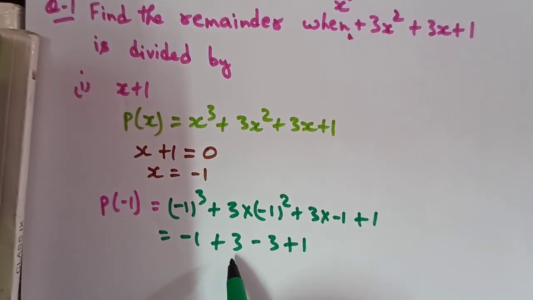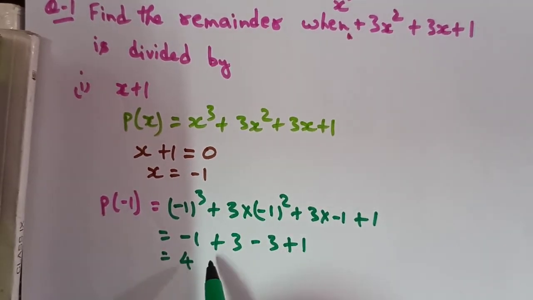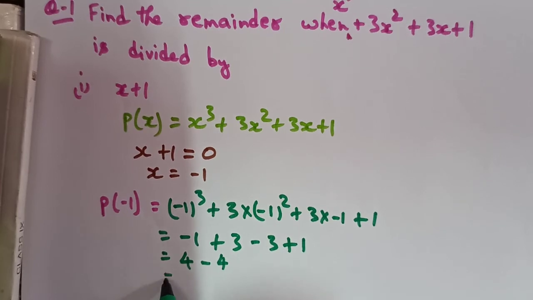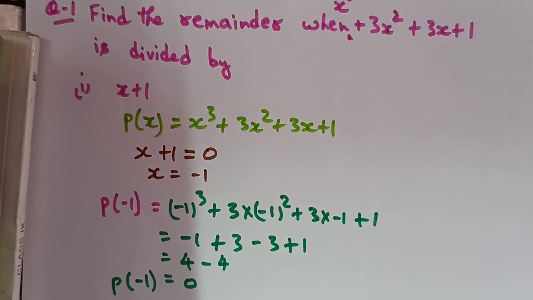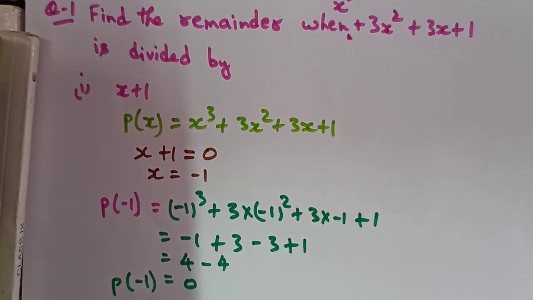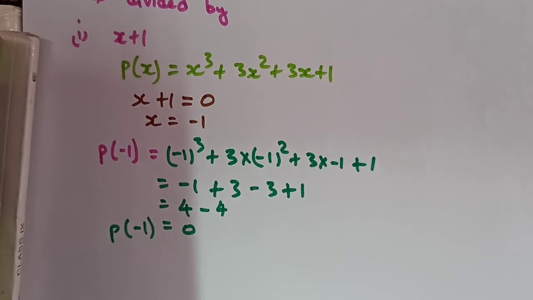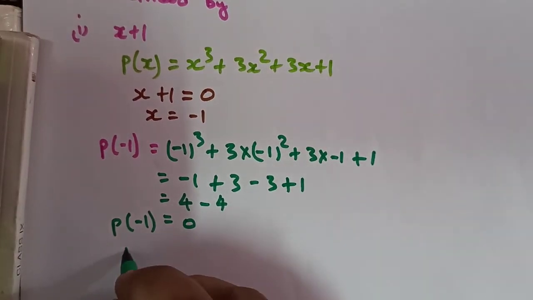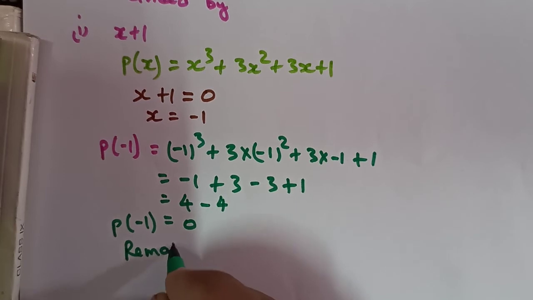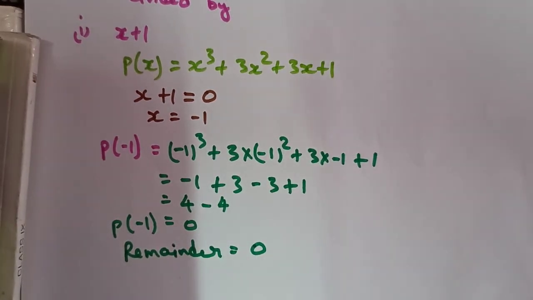So we get plus 3 plus 1, that is plus 4, and minus 3 minus 1 is minus 4. 4 minus 4, so we get p(minus 1) equals 0. So according to the remainder theorem, the remainder is equal to p(a). Since a is minus 1, the remainder of the given polynomial will be 0. I hope that is clear.